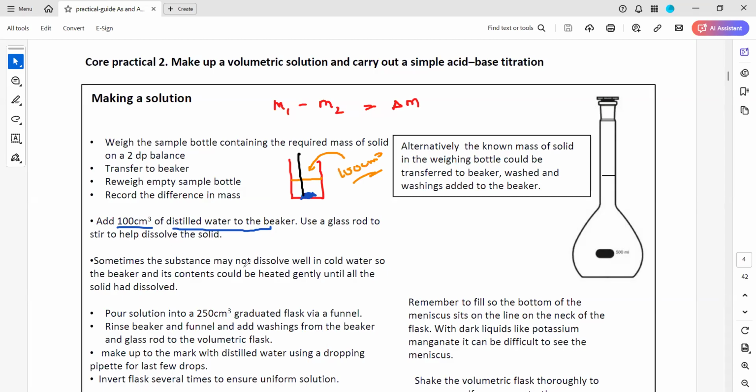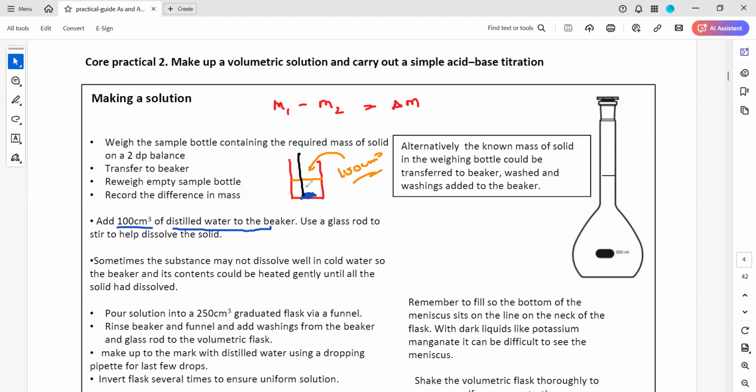But sometimes the substance may not dissolve well in cold water. What we can do is heat the contents gently until all the solid has dissolved.